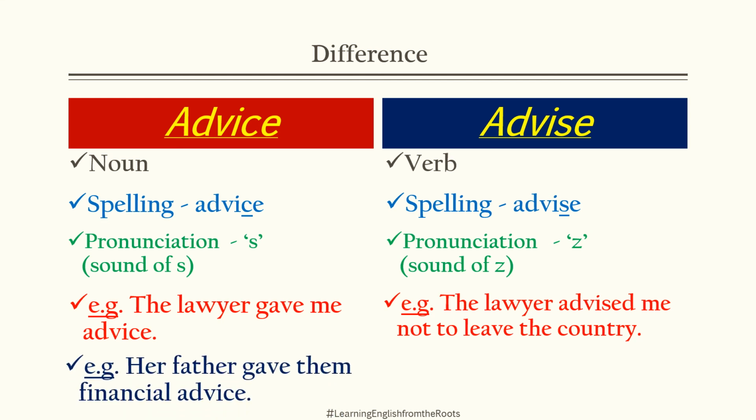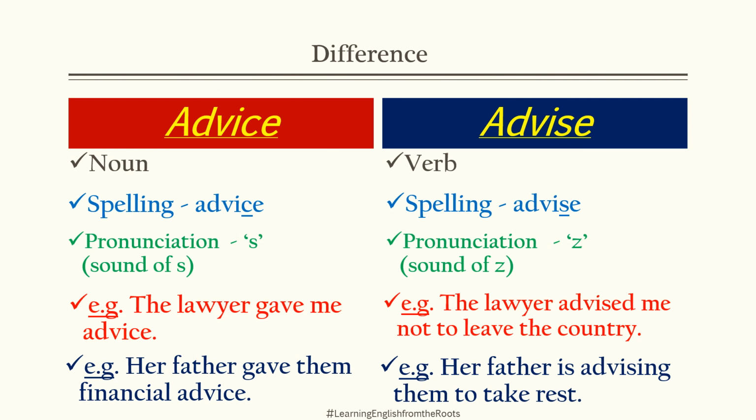Let us take another example. Her father gave them financial advice. What did their father give them? Financial advice. What is that thing called? It is called financial advice. So it is a noun, it is a naming word. And on the other hand, her father is advising them to take rest.